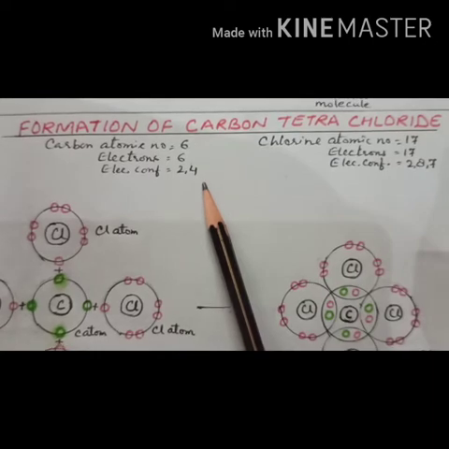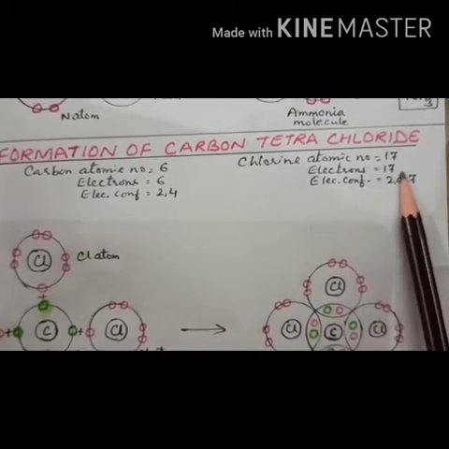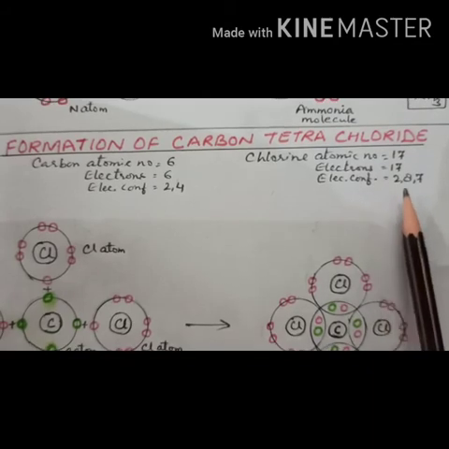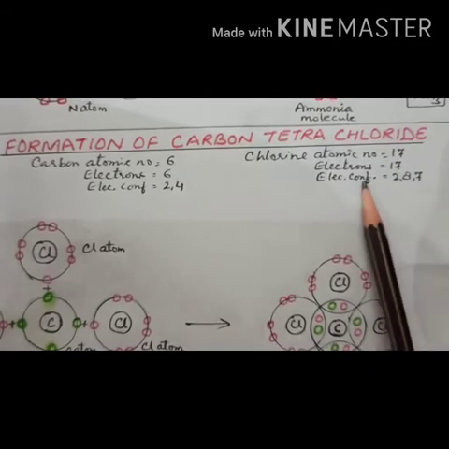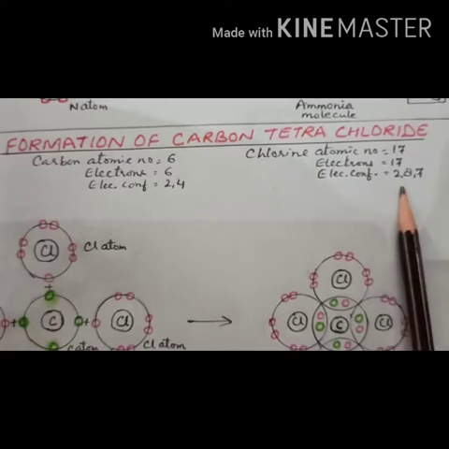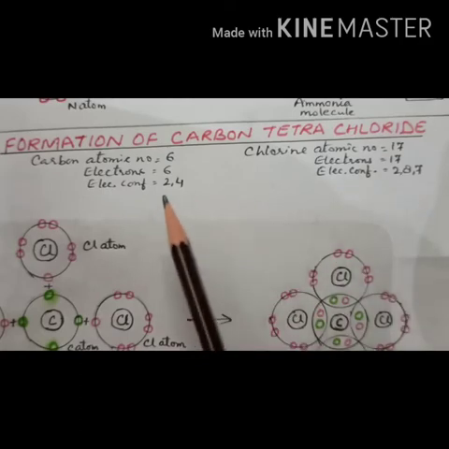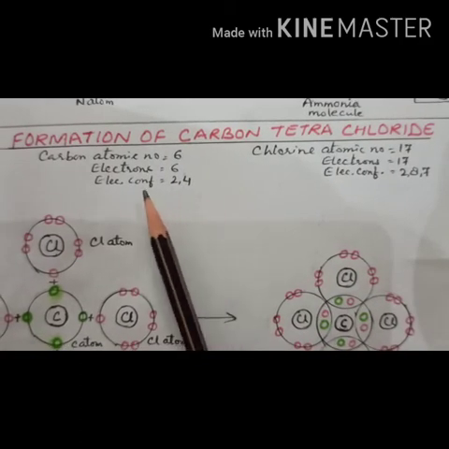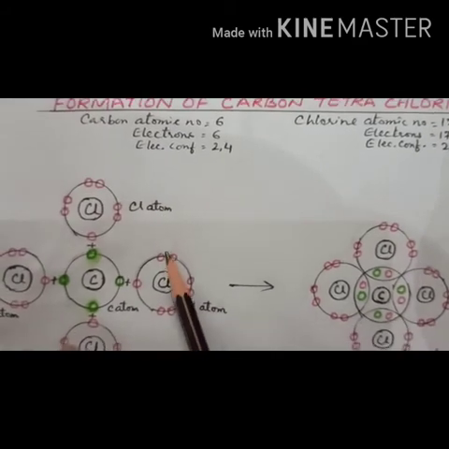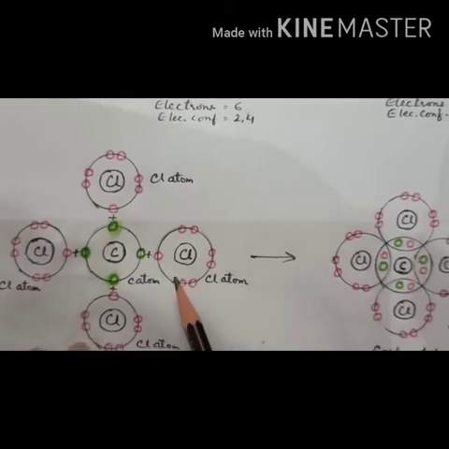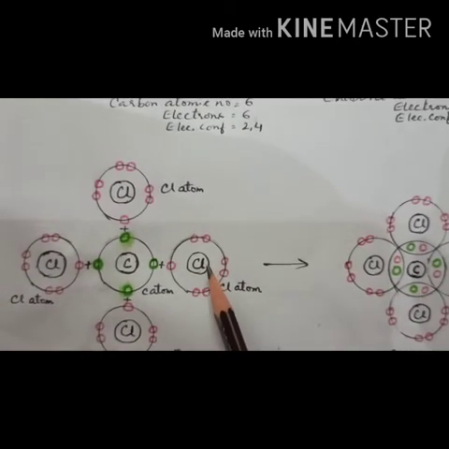But on the other side, chlorine atomic number is 17, electrons 17, electronic configuration 2, 8, 7. Chlorine requires only 1 electron to get a stable electronic configuration, just like argon. Right? But carbon needs 4 electrons. So carbon combines with 4 atoms of what? Chlorine. It will combine with 4 atoms of chlorine.